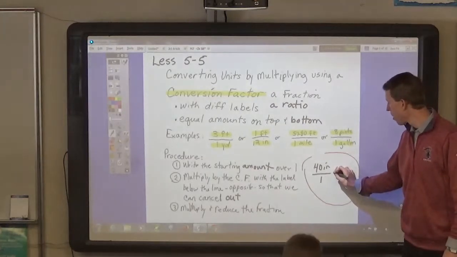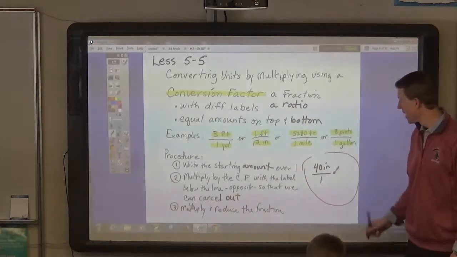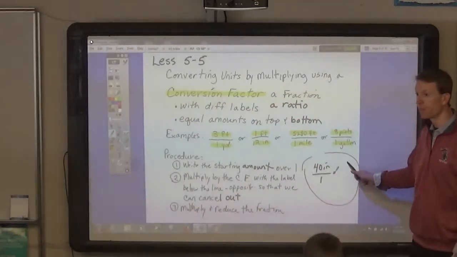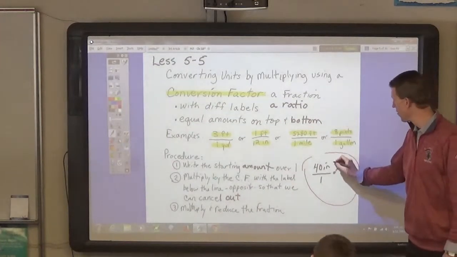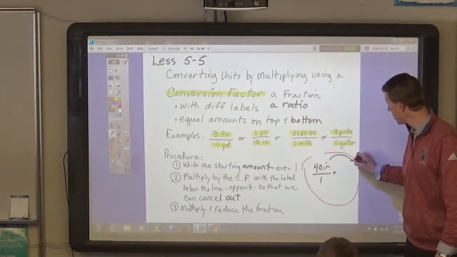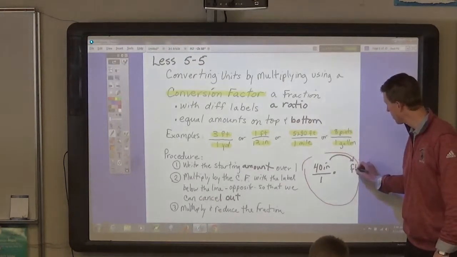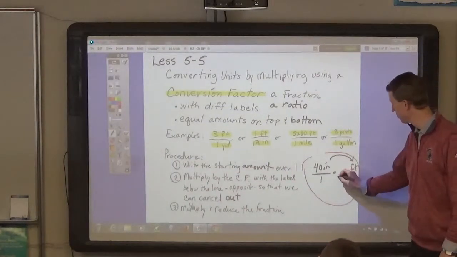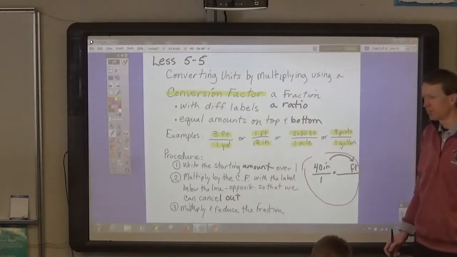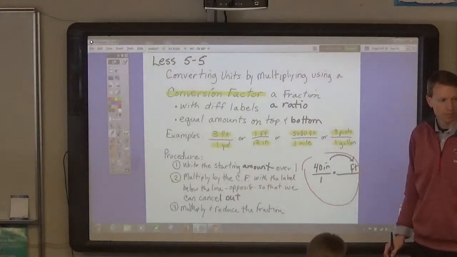Then, you're going to multiply. And if you're starting with inches and you're going to feet, then you want to think of changing this label to feet. So that's going to stay on the top line, like this.